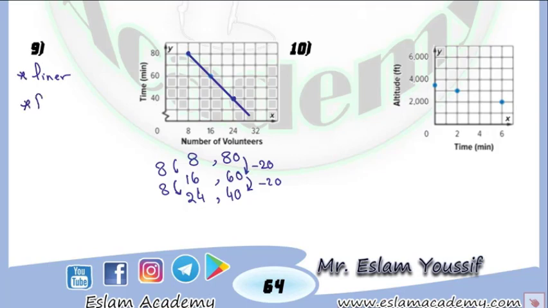And we can find the rate of change by dividing the change of y over the change of x, which is negative 20 over 8. In the simplest form, by dividing by 4, you will find that the answer will be negative 5 over 2. If you look at the line, you will find that we have a straight line not passing through the origin point. Once the line is not passing through the origin point, it means the relation is non-proportional relationship.